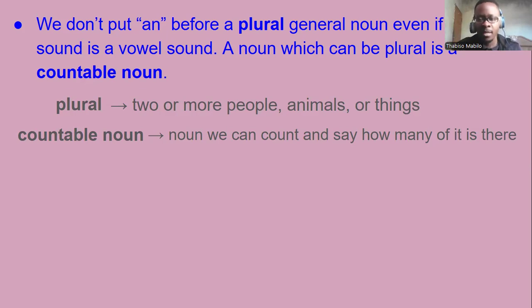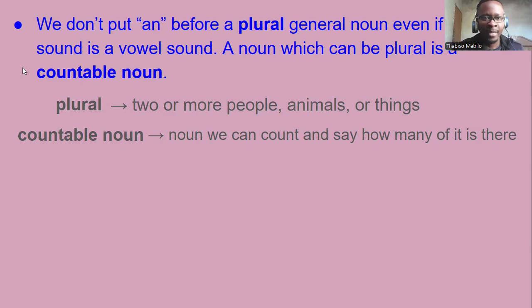So a pen is a countable noun because I can count one, two, three, four, five, and so on. People, or a person, is a countable noun now because I can say one person, two people, three people, four people. So that's a countable noun. I can count and say how many I have.